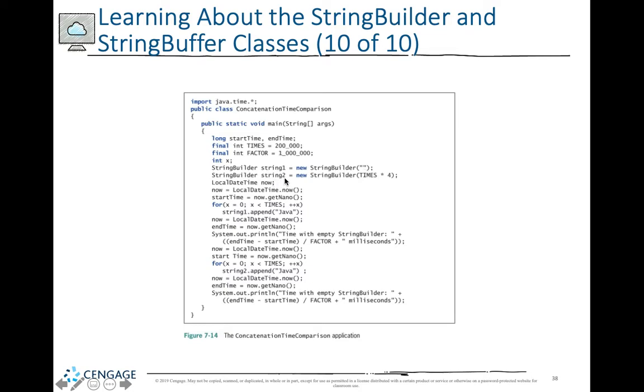We're creating a second one, and this time we're saying times is 4 times 200,000, with a factor of 1 million. So we set the local date and time. We get the start time, which is in nanoseconds.